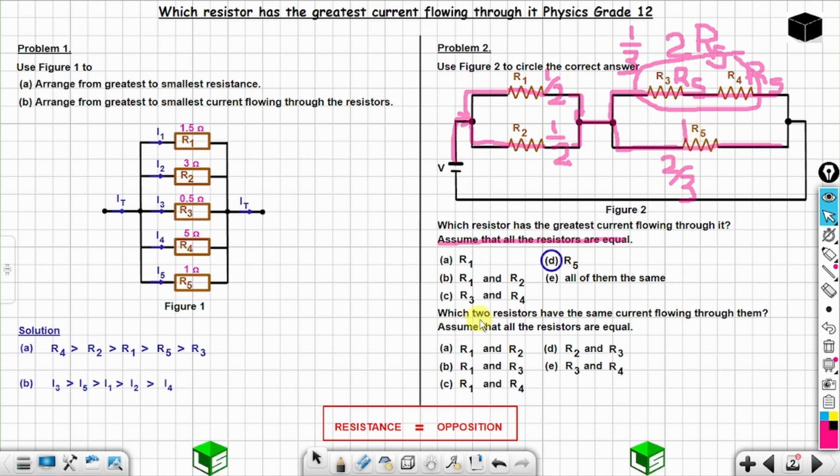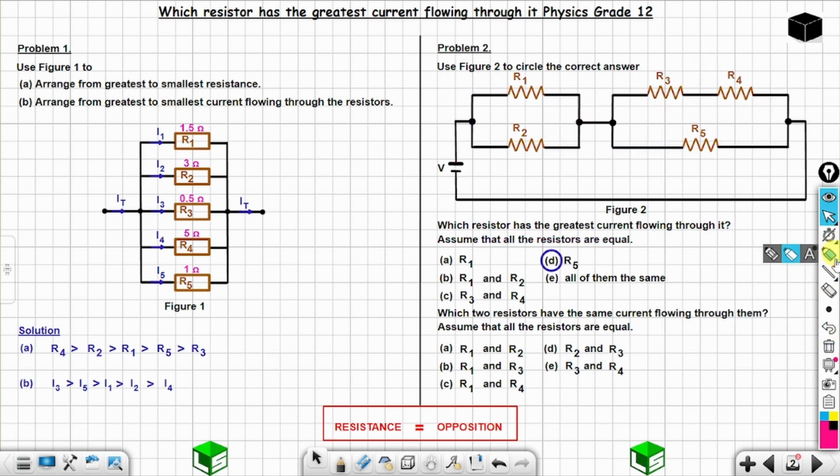Now, which two resistors have the same current flowing through them? Assume that all the resistors are equal. Use figure number 2. So, can you see? The current that is coming from the battery will split equally at this point, because R1 is equal to R2.